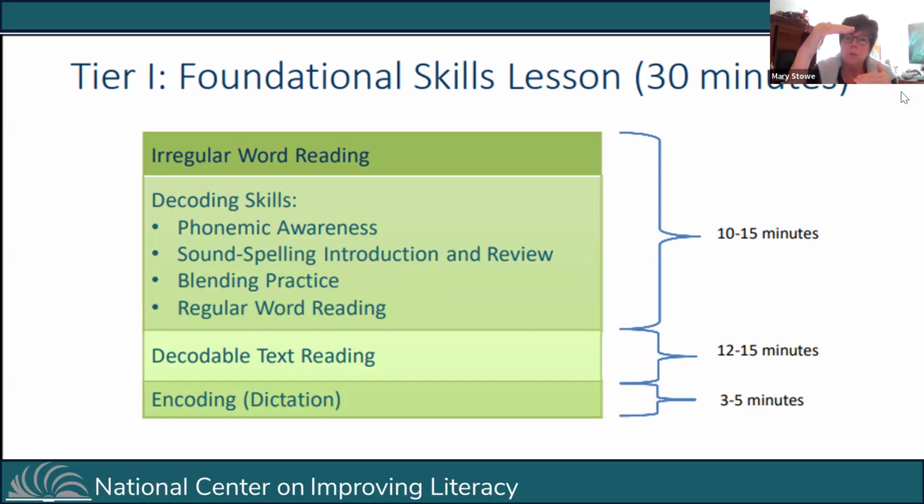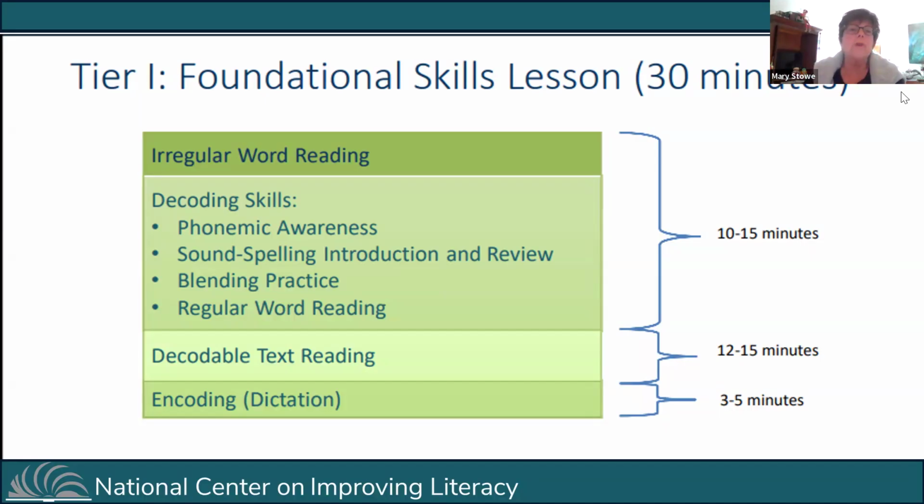Then, to support the work that we've done within that previous section, we're going to use decodable text for reading so that we are now practicing what we have learned within our decoding skills section. And then we're going to encode. I know that various core programs, various intervention programs, various supplemental programs conduct a lesson in a slightly different manner. But you see that these components are included here in a sequential order.